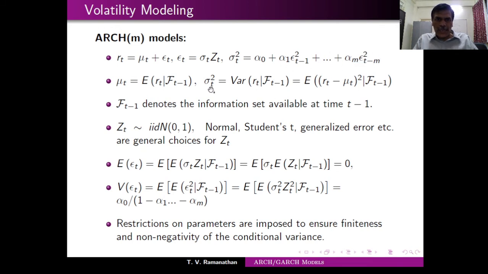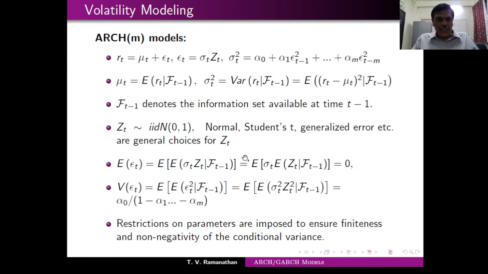This is the conditional variance, sigma t square. So I'm trying to make a specification, or a particular formulation, of this. I think I already mentioned F t minus 1 denotes the information set available at time t minus 1, and Z t is IID normal 0 1, Student's t, generalized error, or another generalized choice of Z t. You can have different distributions for Z t.